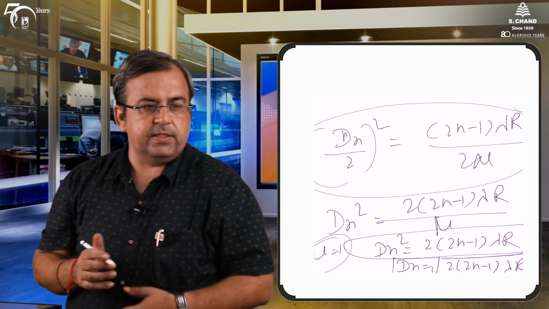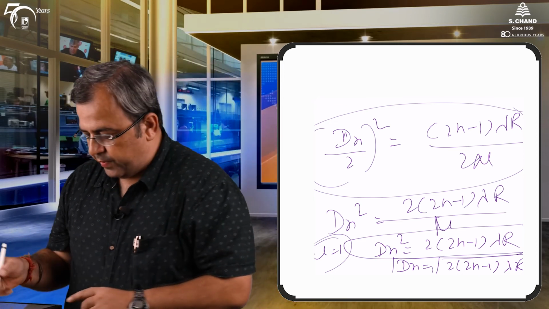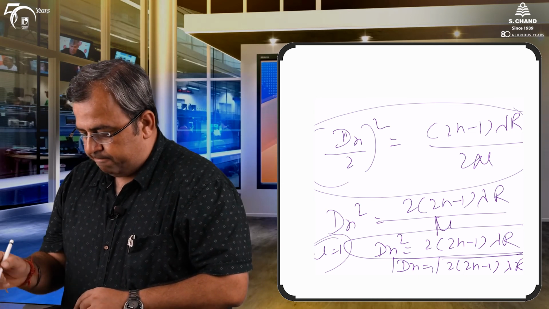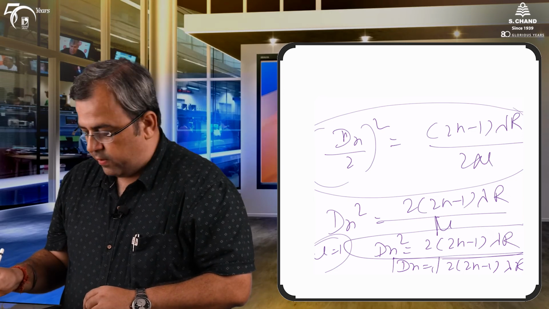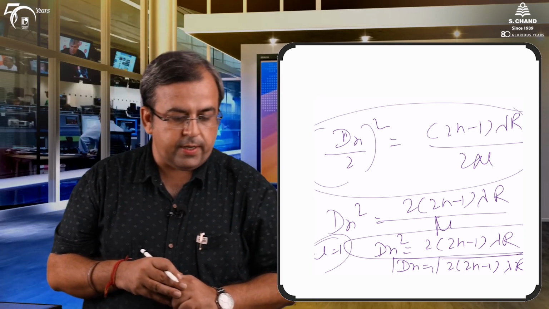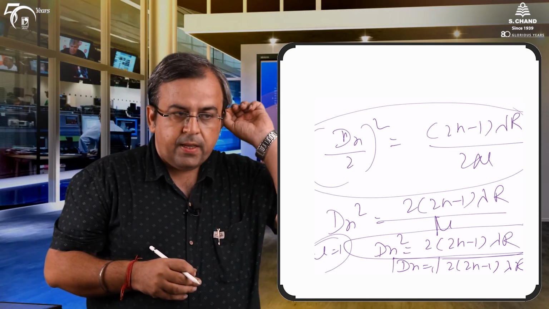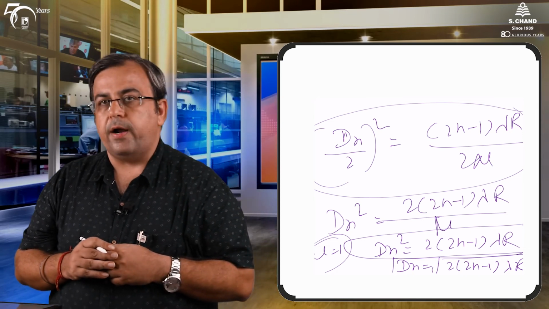Dn is equal to k into under root (2n minus 1), right? As we can see, n is equal to 1, 2, 3, and 2n minus 1 is an odd number, right?